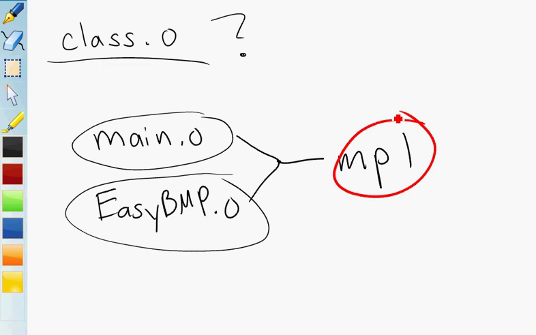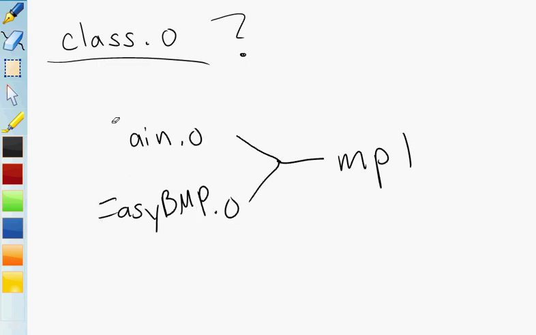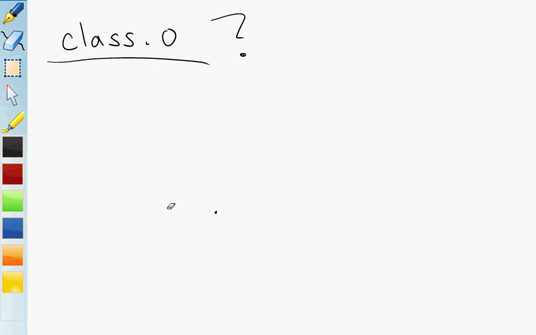For object files, what we really need to know about is basically what functions I am allowed to call. So in main.cpp, let me change this real quick. In main.cpp, you need to know how easybmp works, right? So we're going to need this.